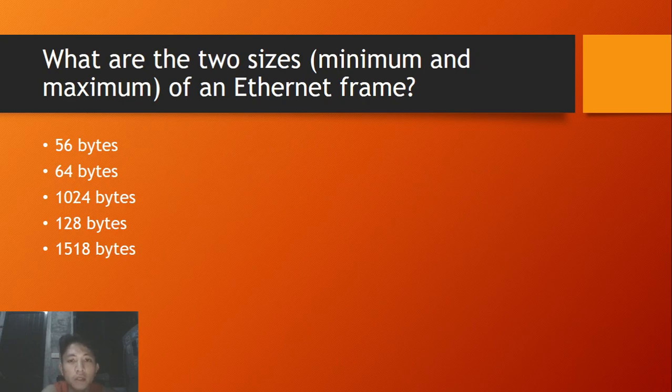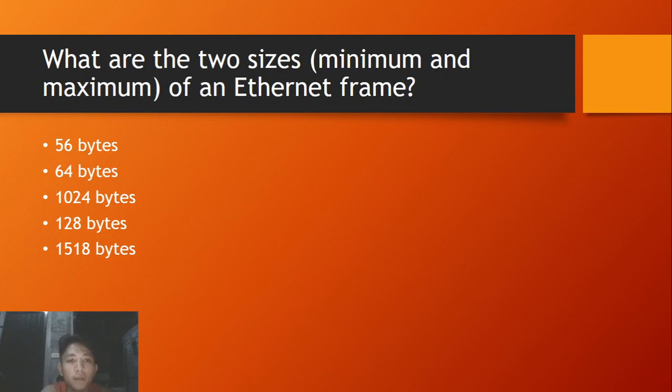What are the minimum and maximum sizes of an Ethernet frame? We have here the choices 56 bytes, 64 bytes, 1024 bytes, 128 bytes, and 1518 bytes.